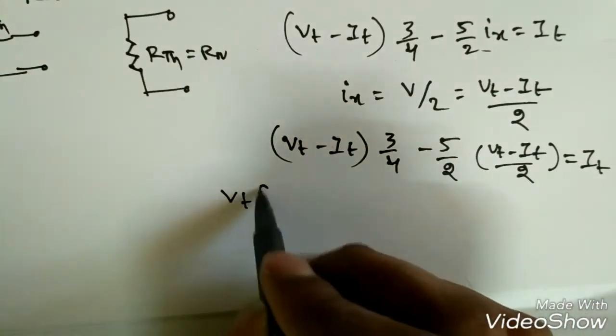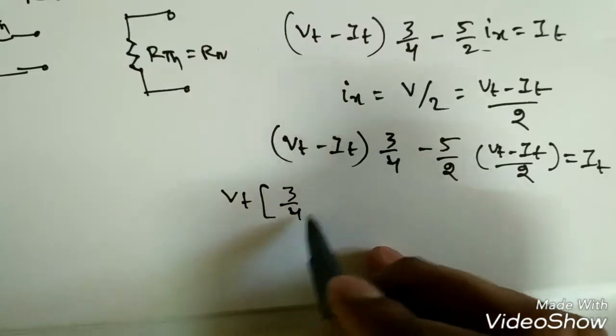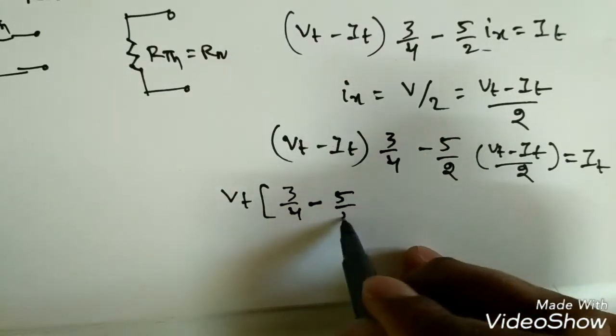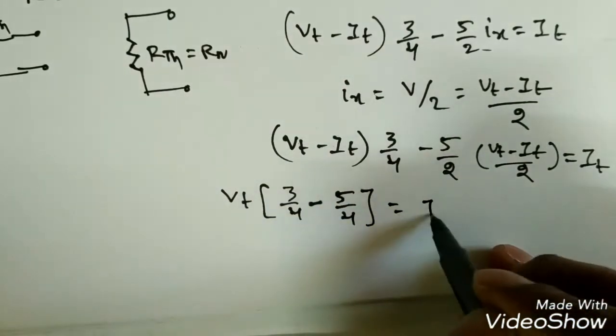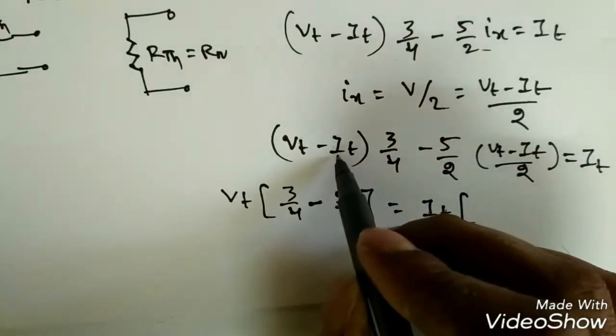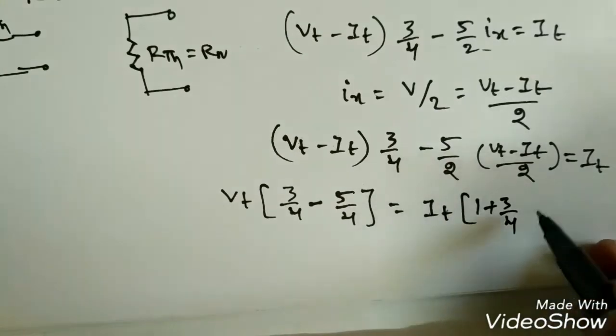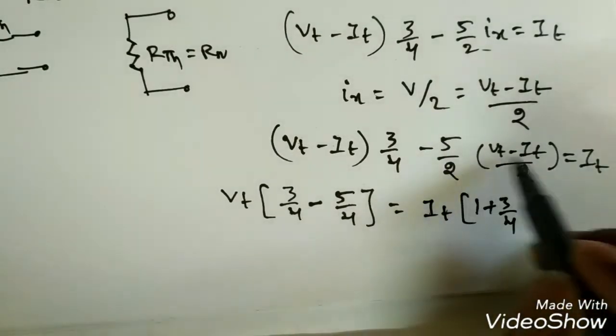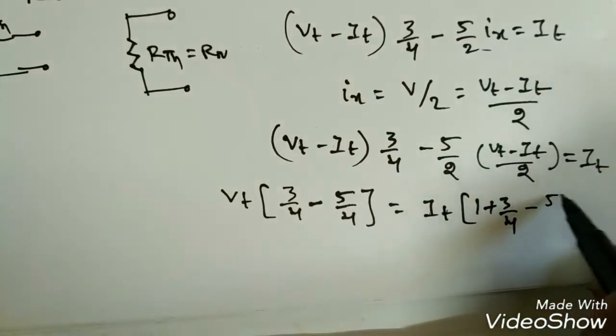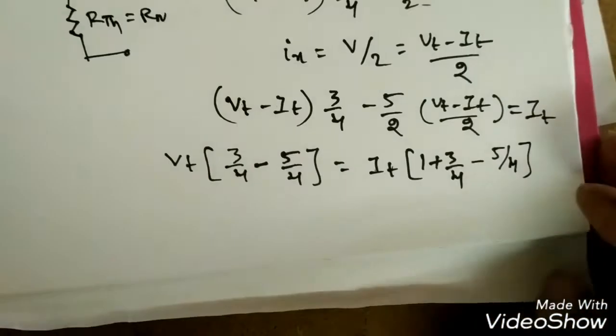So if I take Vt common, 3 by 4 minus 5 by 4 is equal to, if I take It common, minus 3 by 4 is coming there, so it is 1 plus 3 by 4, and here also minus 5 by 4, so minus of minus is plus, it is plus 5 by 4.